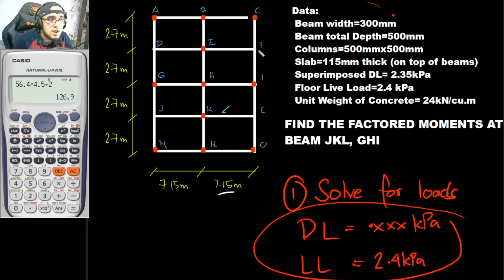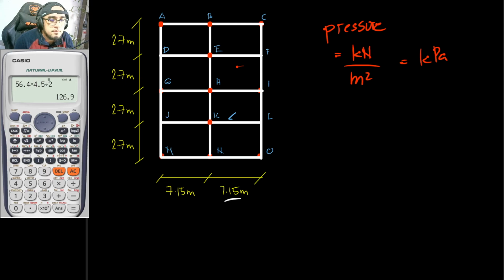So ngayon, ulitin ko lang, paano ba natin maiko-convert ng line loads ang pressure natin? If you can remember our lesson from before, we will be making use of the tributary area method. But before that, i-check natin ngayon if yung slab natin dito is one way or two way.